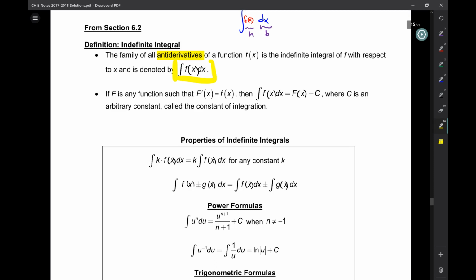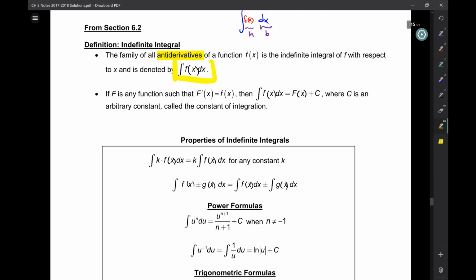So now, stay with me here for a minute. Suppose there is a function f of x, and you find the derivative of that function. Let's just do that to get comfortable with the terms. Suppose f of x is 3x squared plus 6x. If I were to take the derivative of this, what would I get? 6x plus 6.